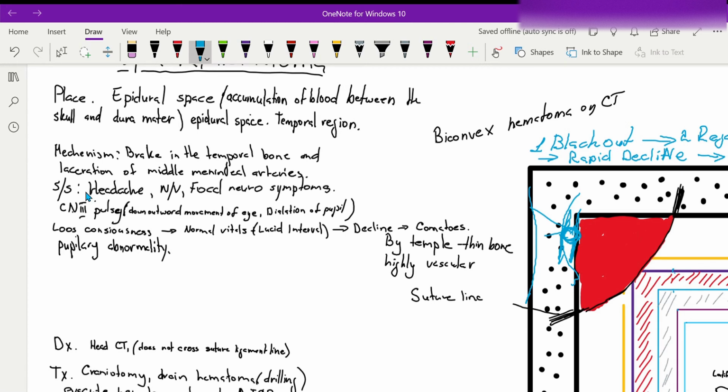And the pupil will be dilated. So if this is the nose and this is the eye, the pupil will move outwards, downwards. It will be blown.